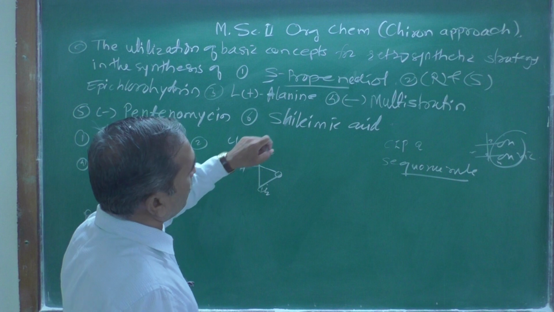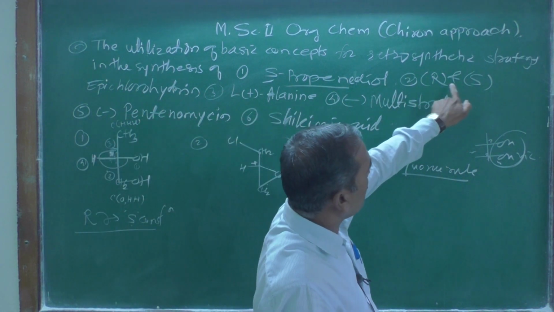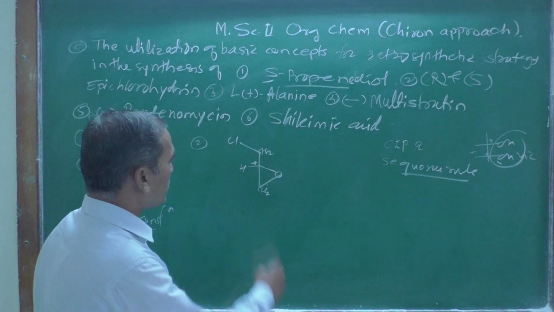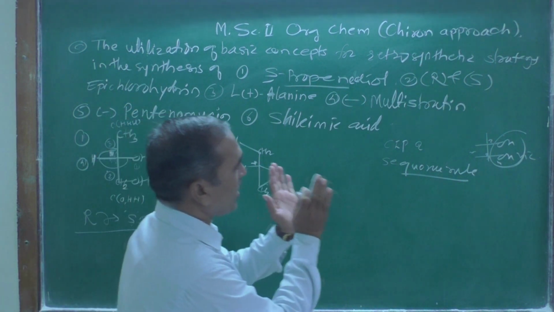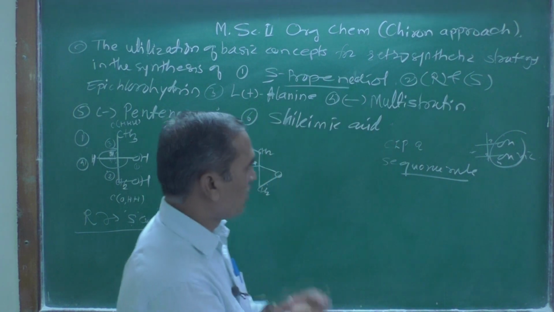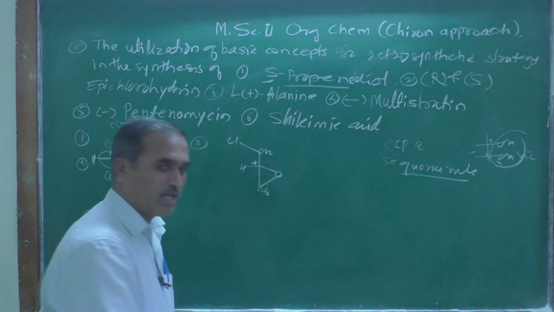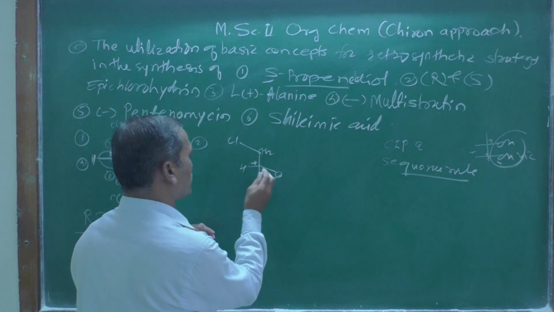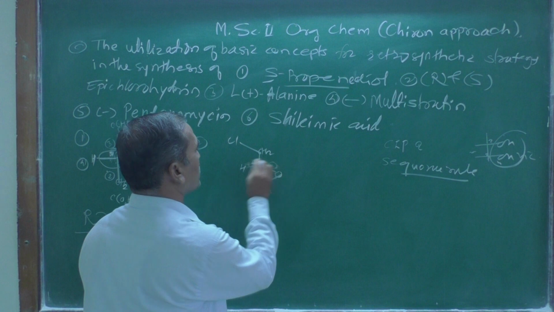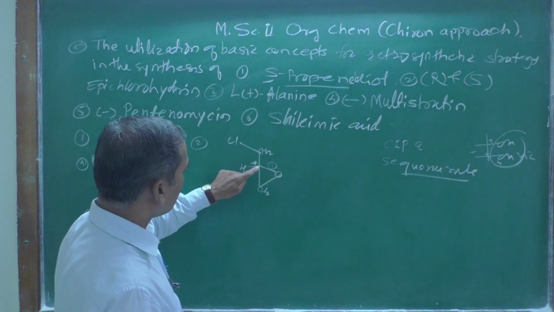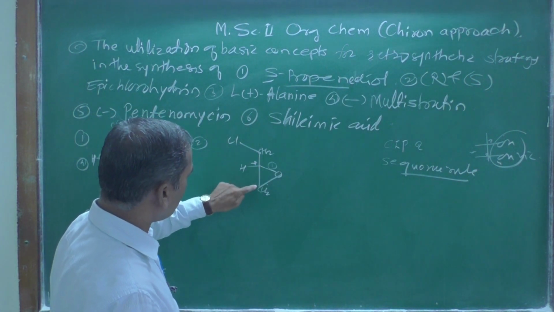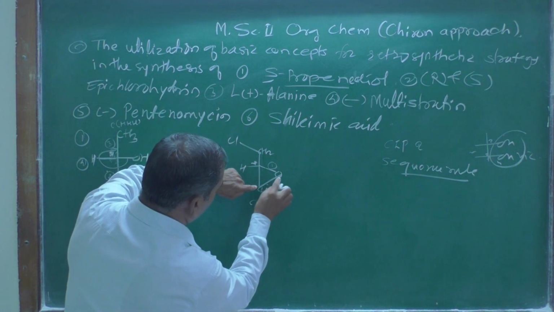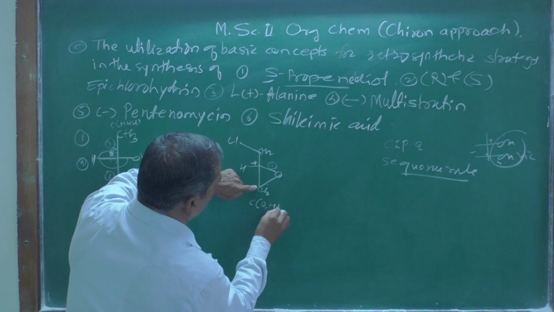Now, whether it has R configuration or S configuration? What do you think? Again apply the sequence rule. By using that sequence rule we can easily find this out. Suppose this group is oxygen, this will get the first priority, right? Now here this CH2 and this CH2: this carbon atom is further attached to oxygen and 2 hydrogen atoms, right?